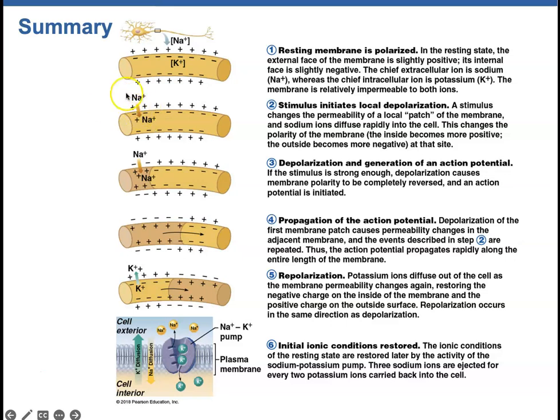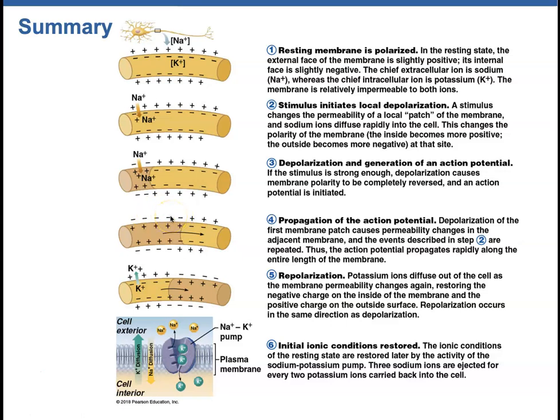So what starts to happen is sodium starts coming in, and once that sodium starts coming in and depolarization happens, that triggers the action potential, which causes a bunch of sodium gates to open. It rushes in a lot more positivity, and that continues to change the inside of the membrane to positive, and the outside thereby becomes negative.